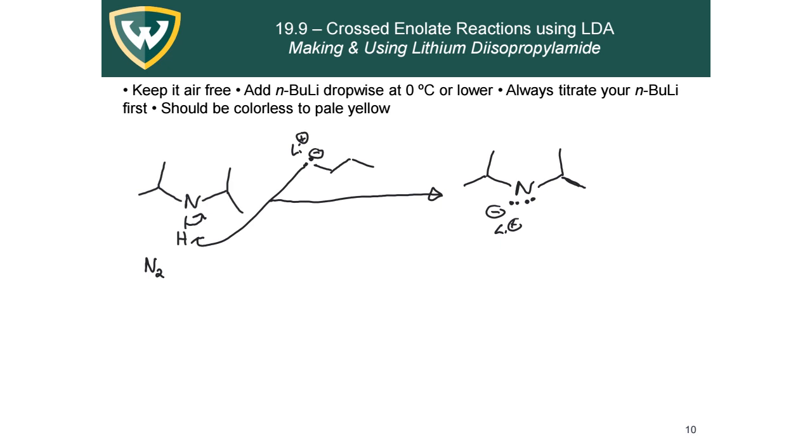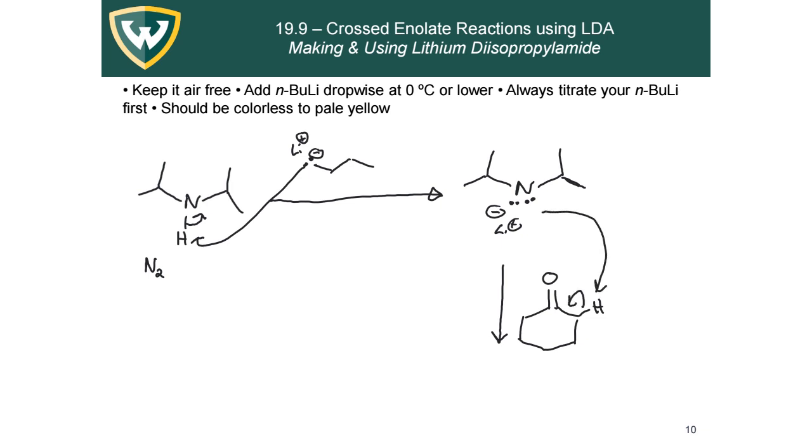If you have this high quality lithium diisopropylamide, this can really make your life a lot easier in terms of controlling the chemistry of the enolates you make from it. So this is then used, say, to deprotonate the alpha proton of a carbonyl.